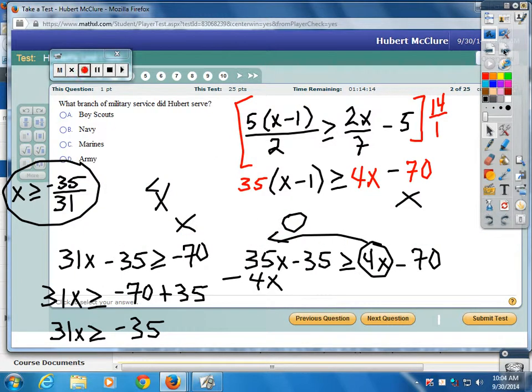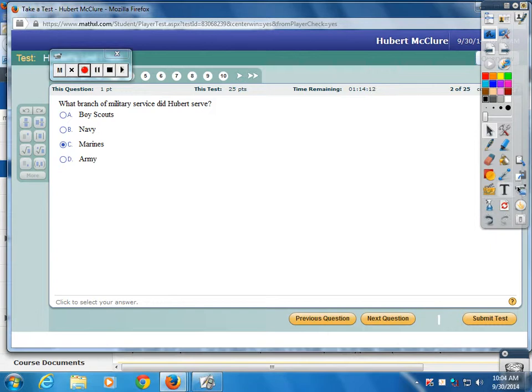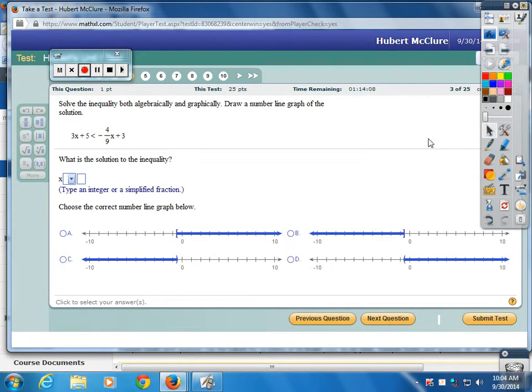Which branch? I don't want y'all to miss that one. All right, there's a nerd. What branch? I don't know. It's on the handouts. Marines. Jeez. It's on the handouts.